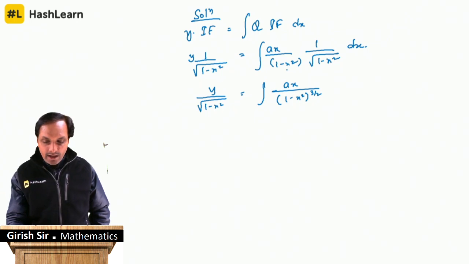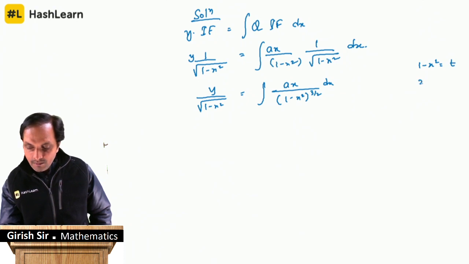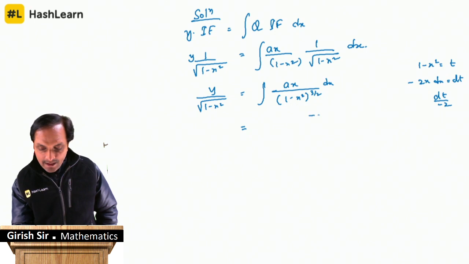How will you integrate? Again the same process. Take 1 minus x square is equal to t, minus 2x dx is equal to dt. So dx is dt divided by minus 2x, so this part becomes minus of dt divided by 2, and a as it is, with t power 3 by 2.